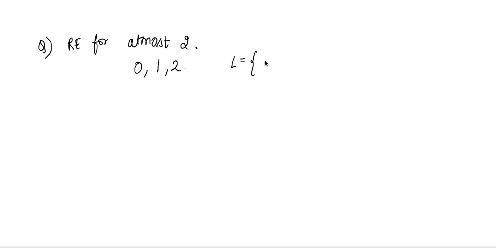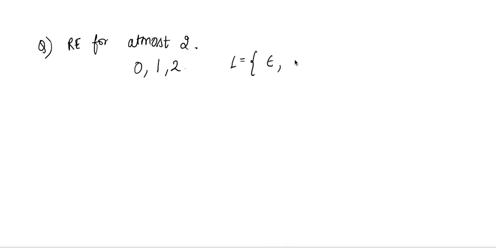Let's draw the regular expression for at most 2. It means I want the string length in the language to be at most 2. It means either epsilon will be there, a 0 length string, or a 1 length string, or a 2 length string. Got it? So what will be the language present in it?